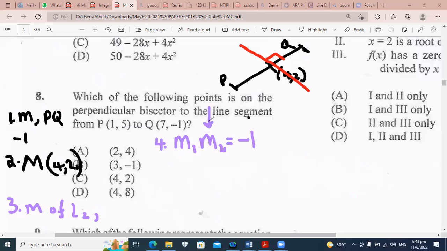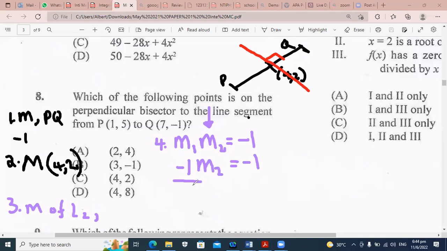Why do we want it? We want it because we want to find the equation of the perpendicular bisector to answer the question. So m1, the gradient for the first line, is -1, multiplied by m2, equals -1.